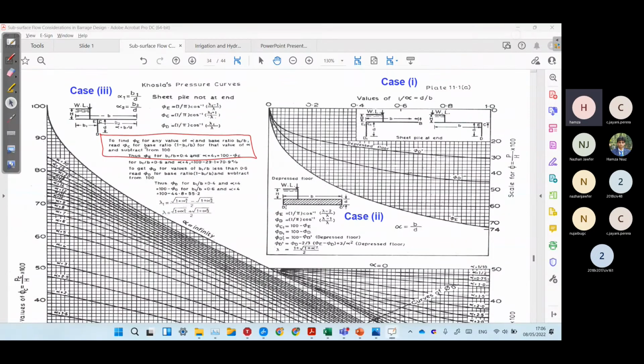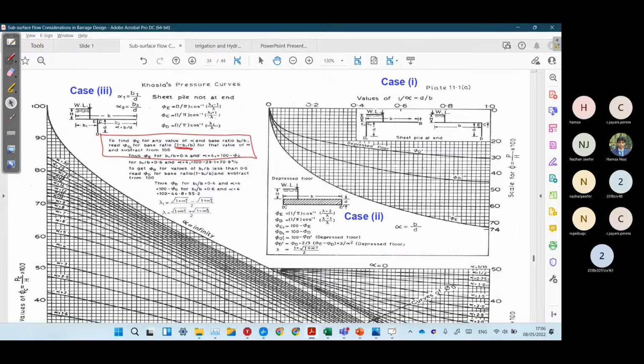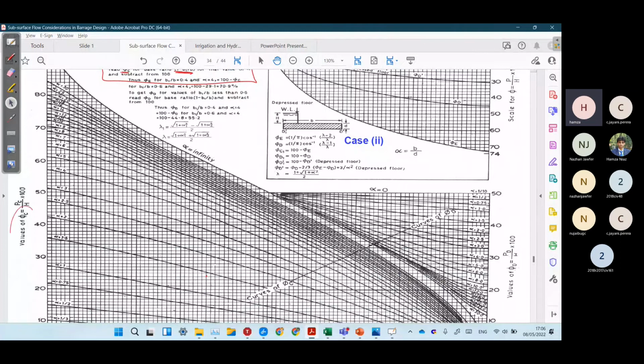They are saying that to find phi E for any value, we have to read phi C for the ratio 1 minus B1 over B. This graph is for phi C, the left one.